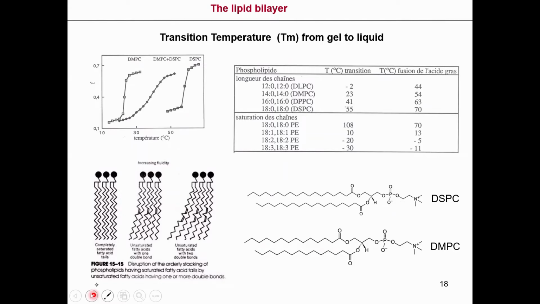We consider that the transition temperature, Tm, is the transition from the gel to the liquid, the fluid.